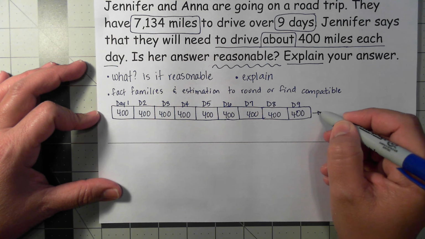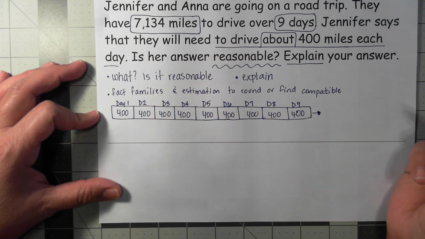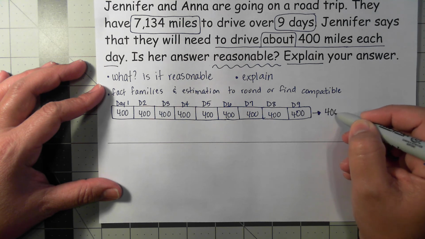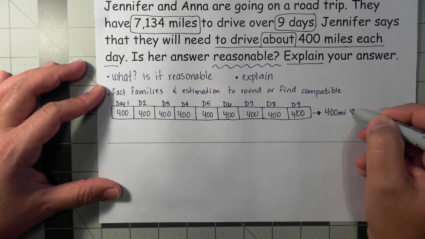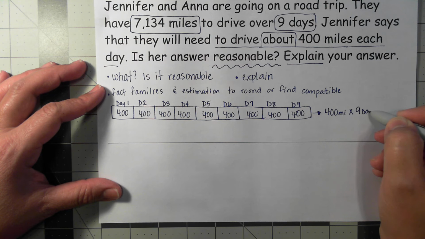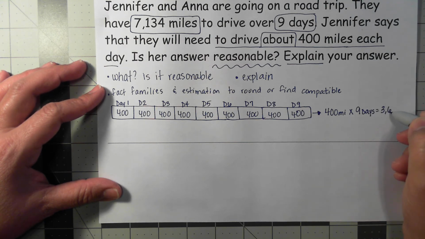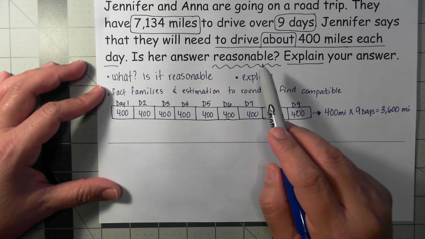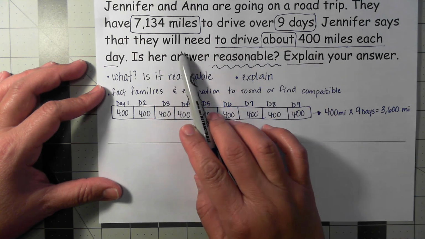Or I can use multiplication, which is repeated addition, to model this thinking. So I can say 400 miles times 9 days equals a total of 3,600 miles.